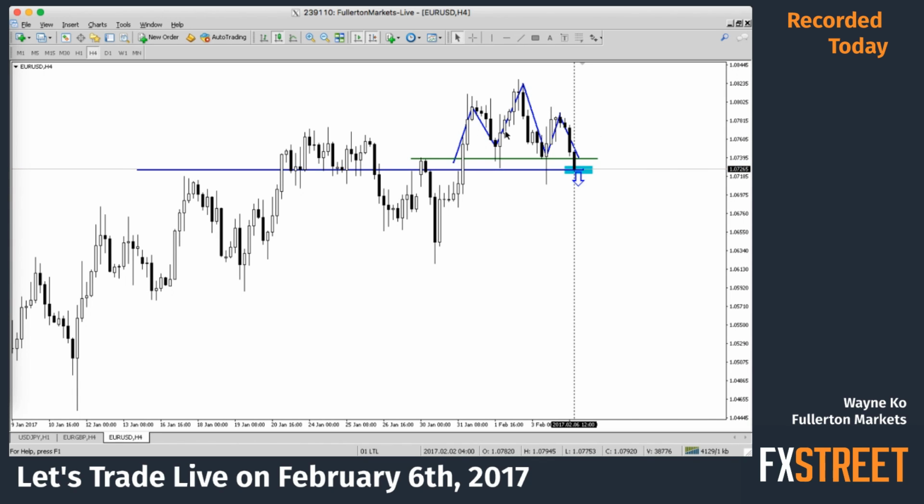And for those of you trading the head and shoulder long enough, you will notice sometimes after price breaks the neckline, you will retrace up to around here before coming down again. It does this kind of movement.